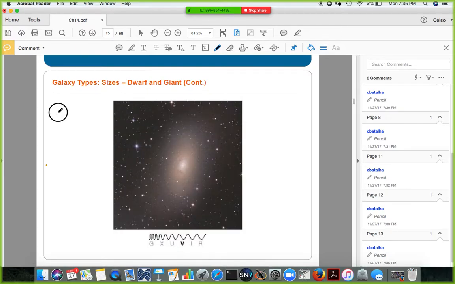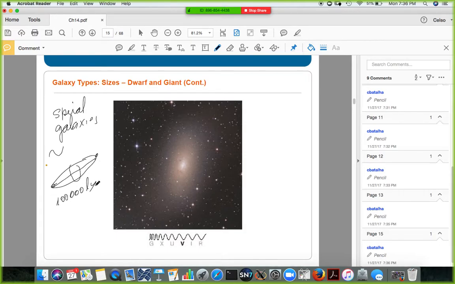Now, in general, spiral galaxies like our Milky Way have similar size. If you take the disk edge to edge of a spiral galaxy, we are talking about 100 to 200,000 light years in dimension.